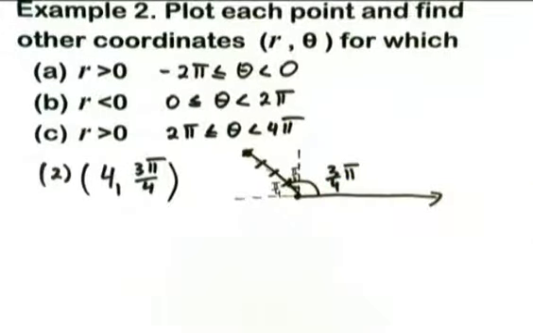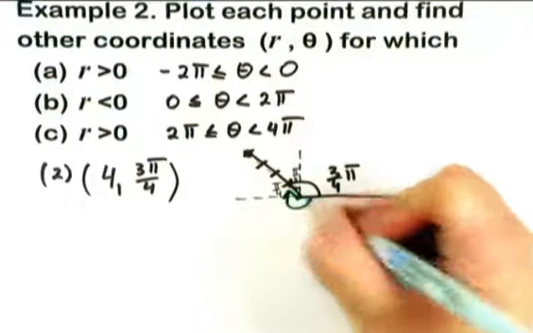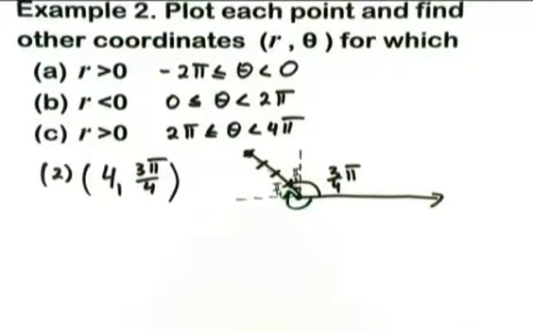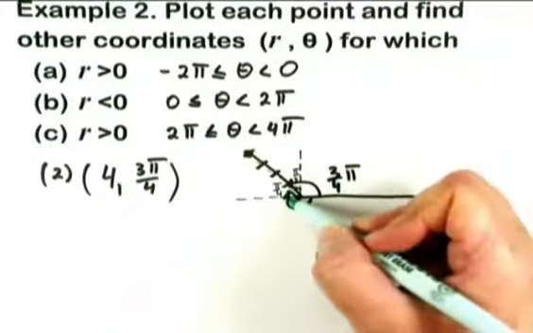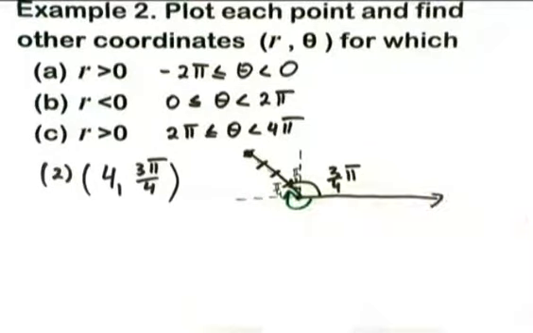Now we need to have a positive r and a negative angle. So we are identifying the negative angle up to the same terminal arm. So we are finding this angle, negative this angle. Up to here is negative pi, and then pi over 4 more.